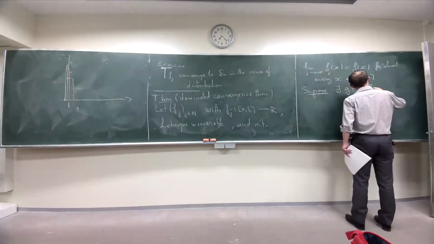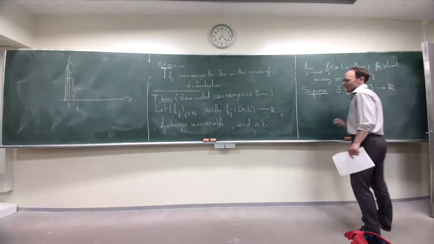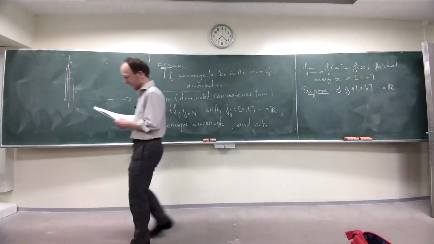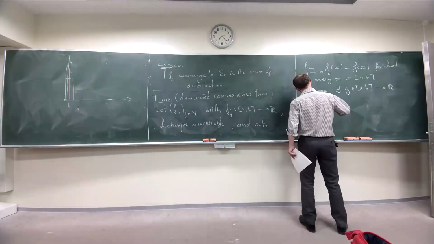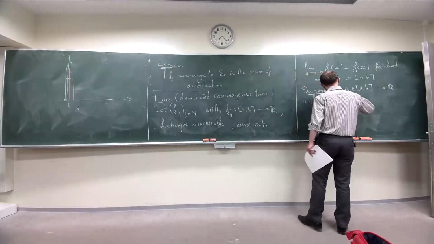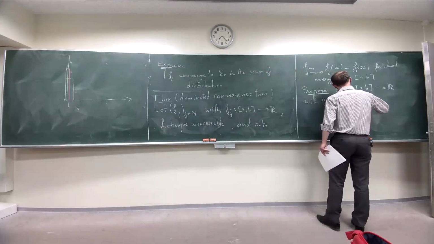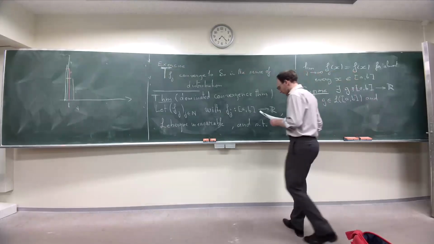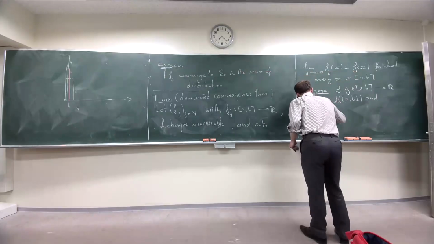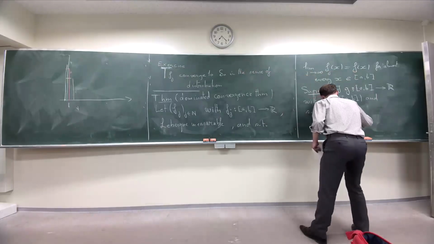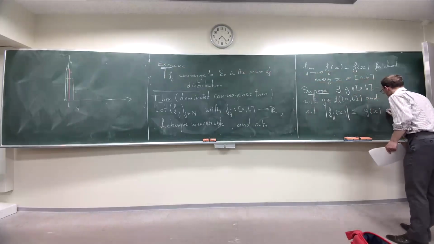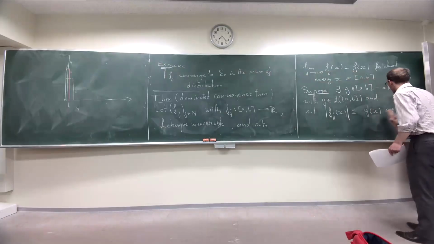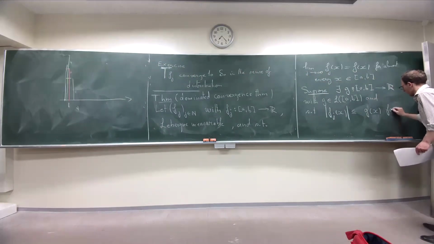Usually it's a positive one, but I don't need to assume it because the next condition is going to impose it automatically. g Lebesgue integrable and such that fj of x is smaller or equal to g of x for almost every x inside AB.